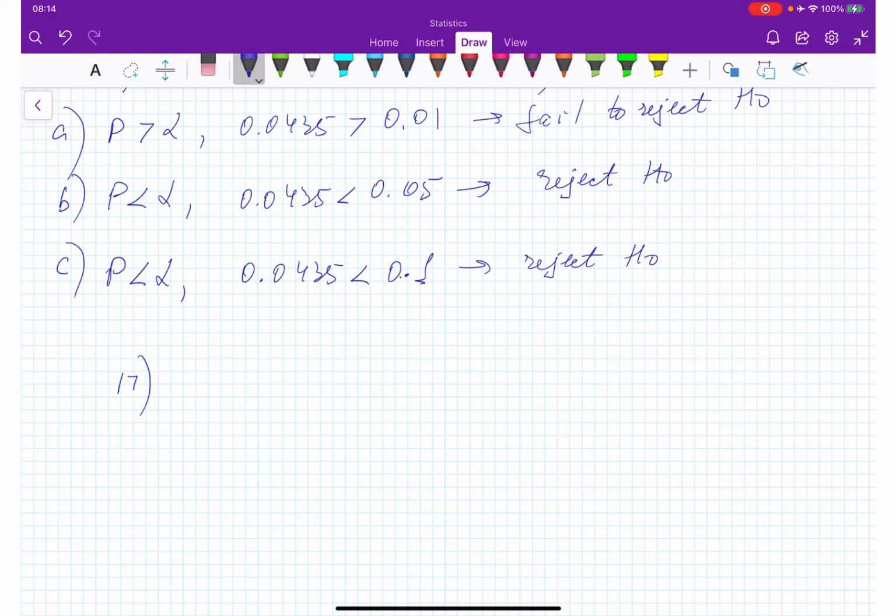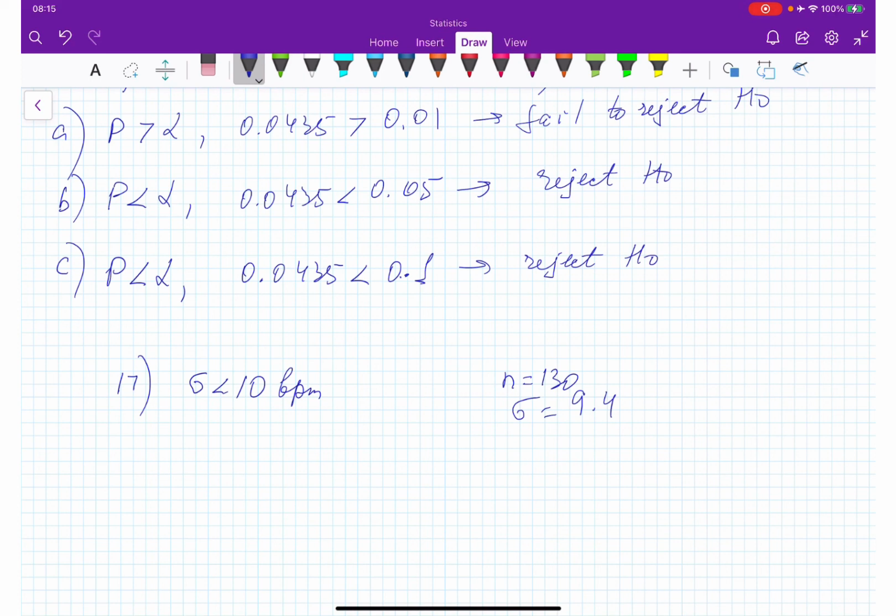So sigma, the standard deviation, is less than 10. For a random sample of 130 adult males, the pulse rates have a standard deviation of 9.4.